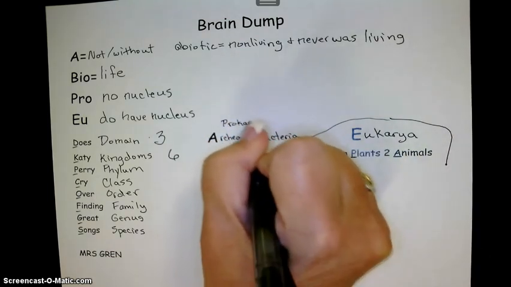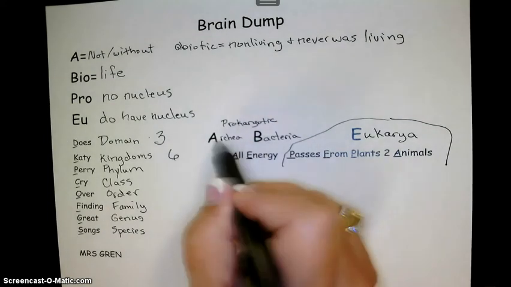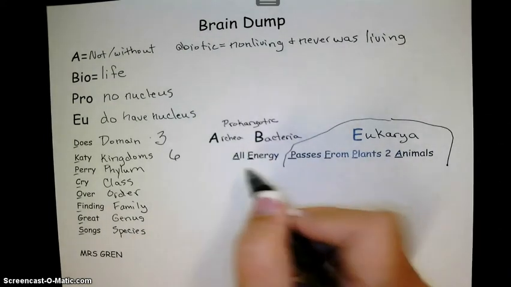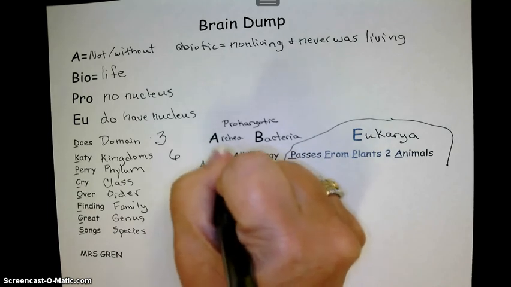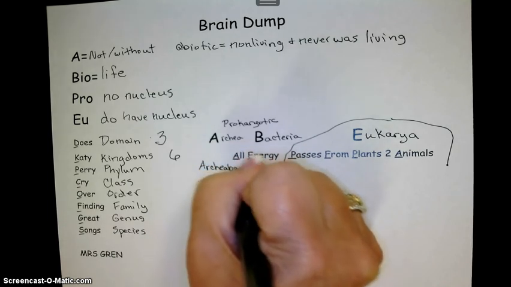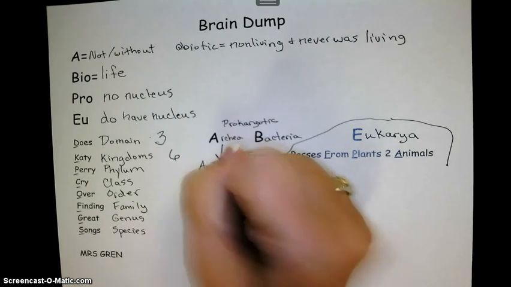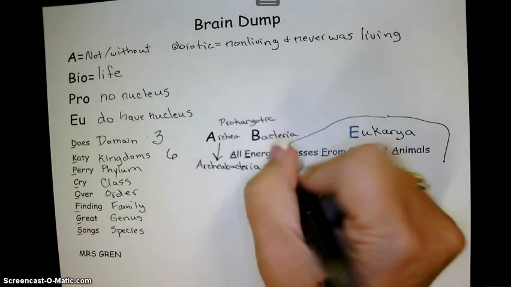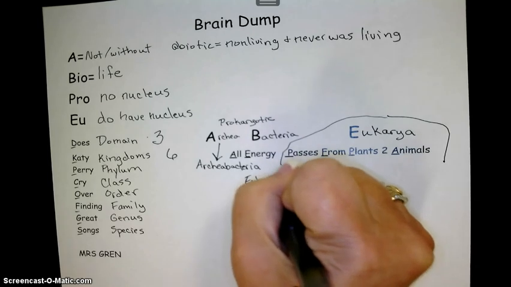Now, eukarya has 4 of those, and we know both of these are prokaryotic. Although that's not a domain, we know both of these are prokaryotic. And so the A and the E, A stands for archaebacteria, which is the kingdom in that domain. And the E stands for eubacteria.